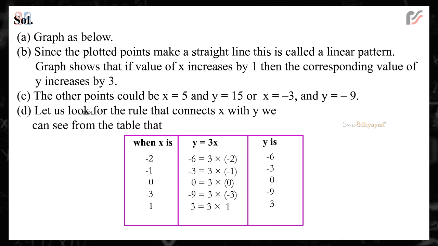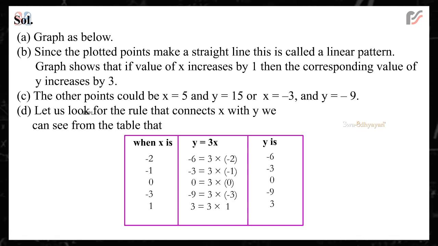When x is -1, y is equal to 3x, which becomes -3, equal to 3 multiplied by -1. Y is -3. When x is 0, y is equal to 3x, which becomes 0, equal to 3 multiplied by 0. Y is 0.